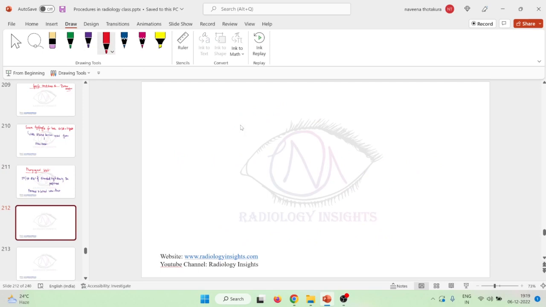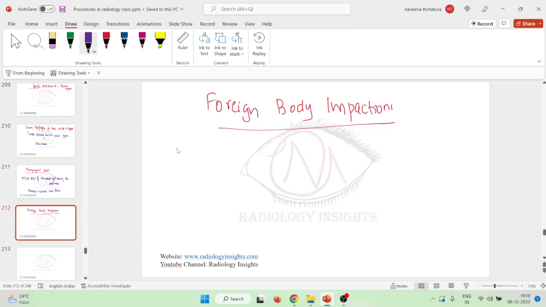Then the third disorder is if there is any foreign body impaction. Here you will ask the patient to swallow a marshmallow coated with barium. The patient will swallow the marshmallow.